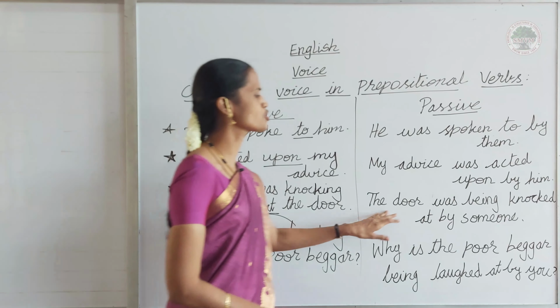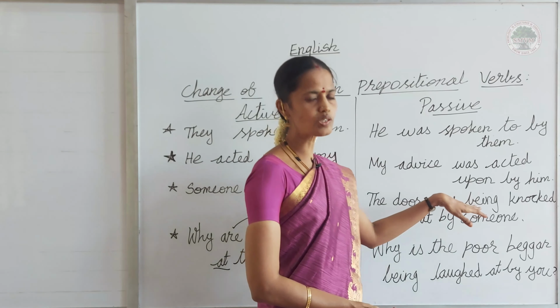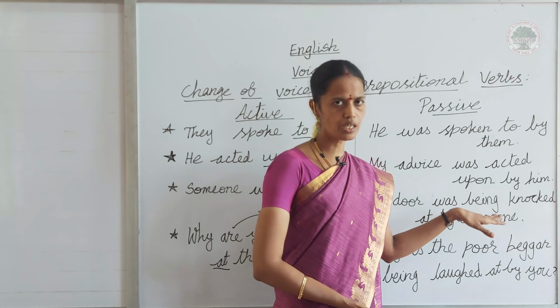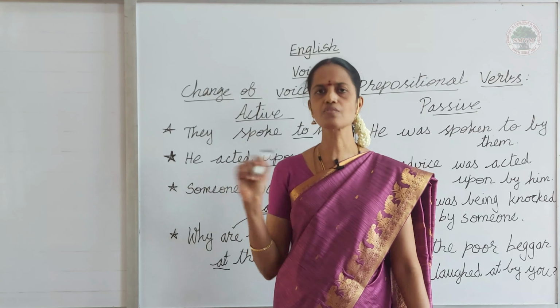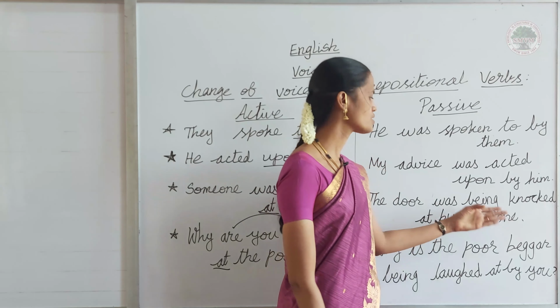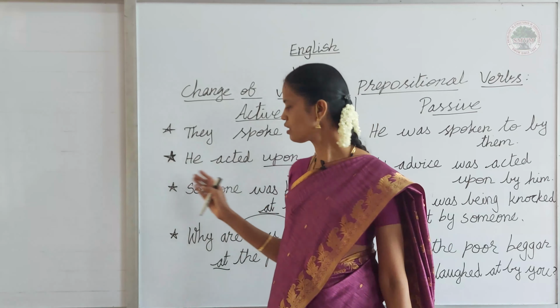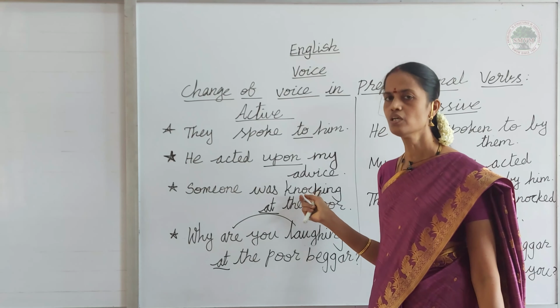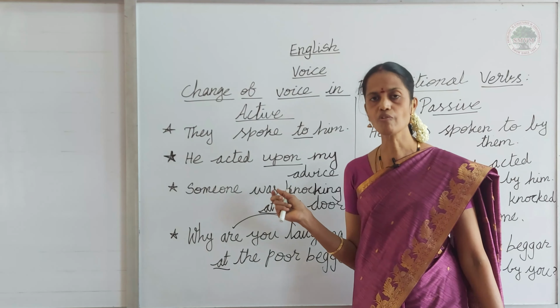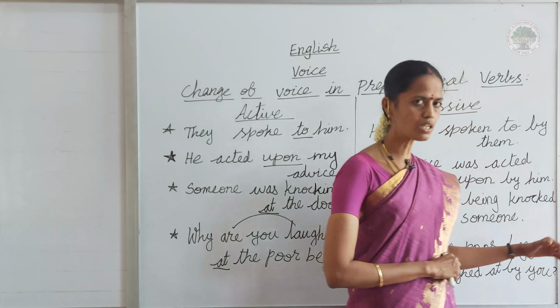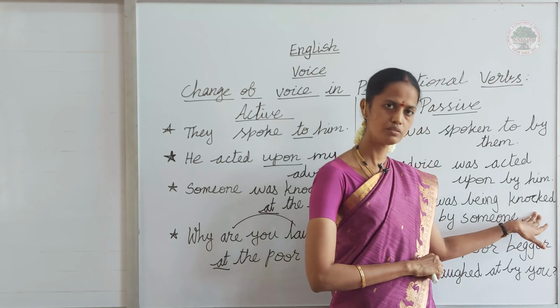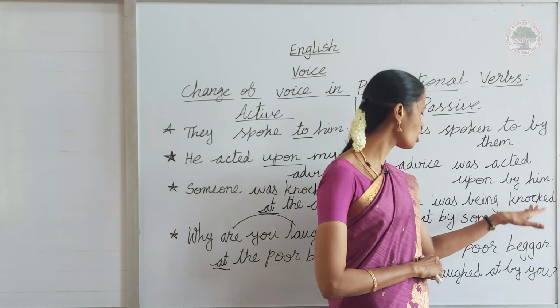Okay, so "the door was", we introduce the be form of verb "being" because the verb is given in continuous form. Then here, "knock" is the main verb. For "knocking", verb 1 is "knock". So V3 of "knock" is "knocked". Okay. So "was being knocked".